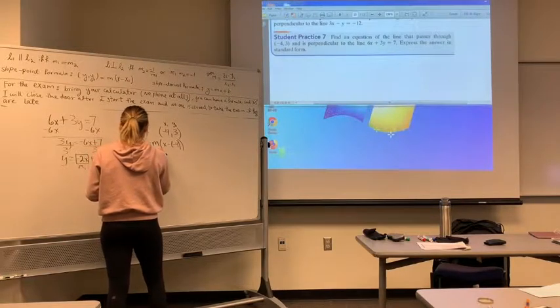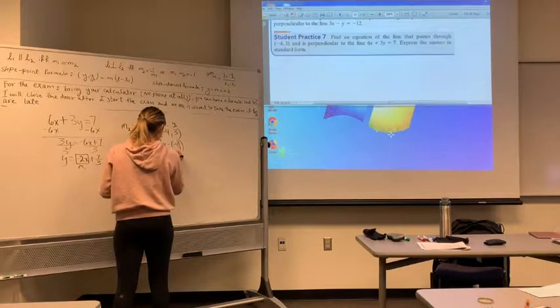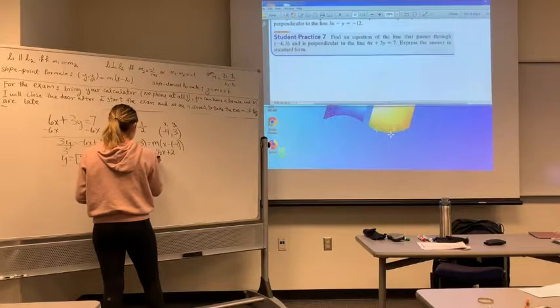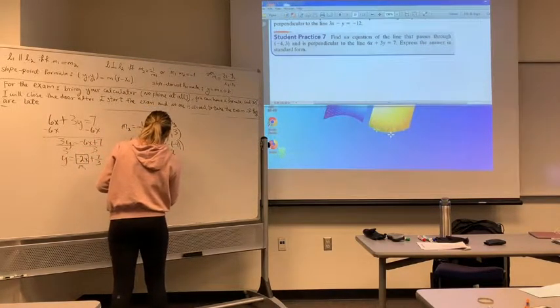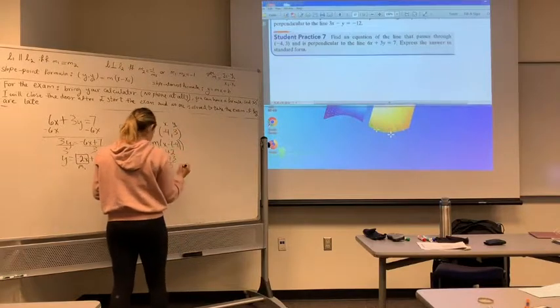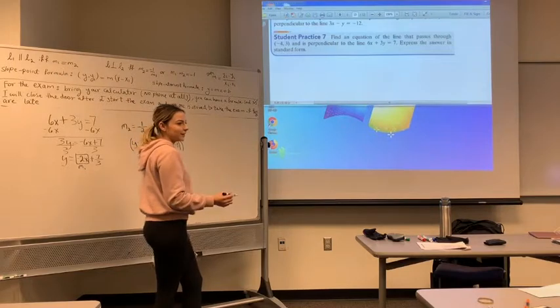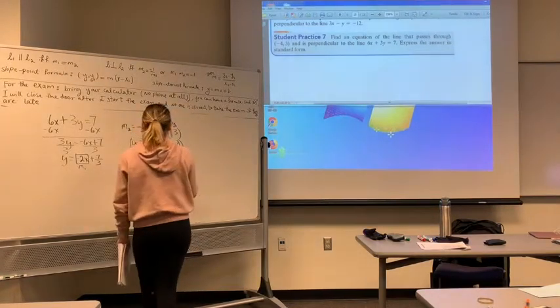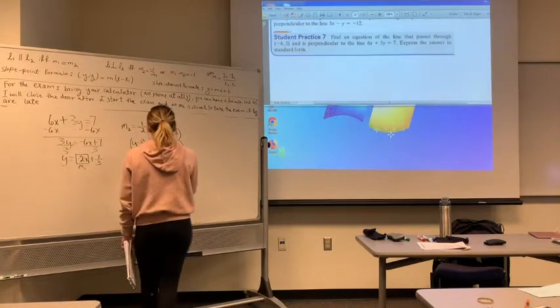Replace 1 over 2. Then the last step is to make it like a standard form. Correct?